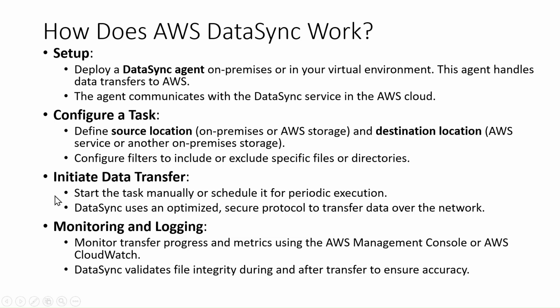That is the initial data transfer: start the task manually or schedule it for periodic execution. Initially we will go with manual to test. Once things are completed successfully, we can go ahead with periodic execution, that is, the automation will be set up.